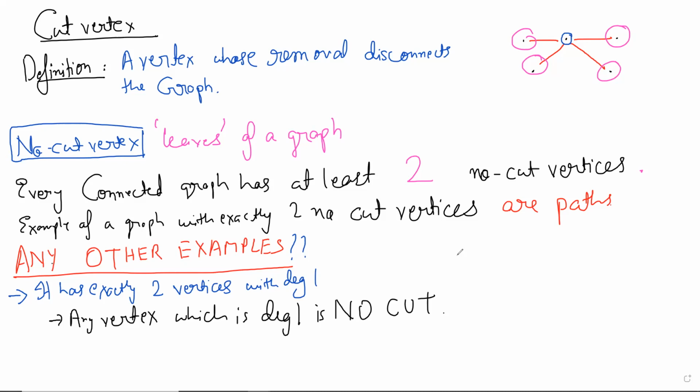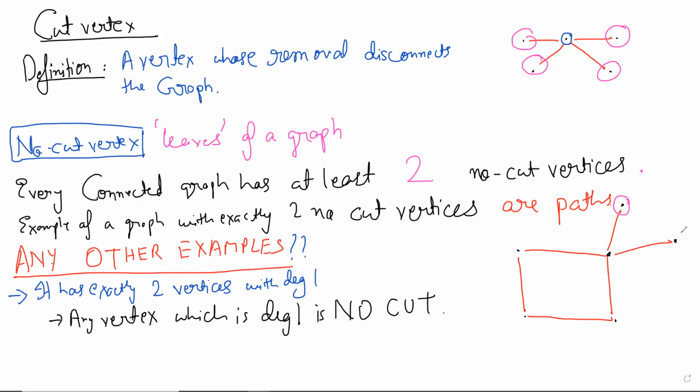Can we again use the idea? But that will only make it worse, right? Because then you'll get many no cut vertices. For paths it is obviously possible. So in this one, you have many no cut vertices.